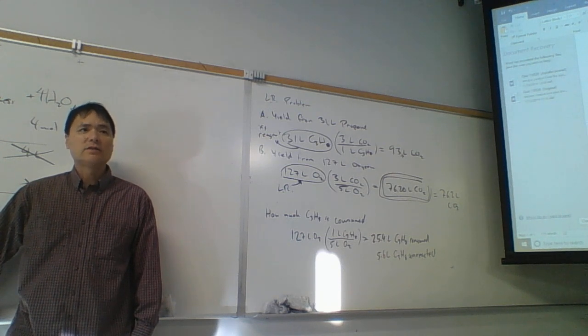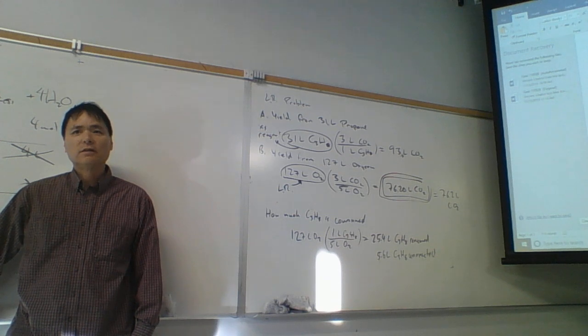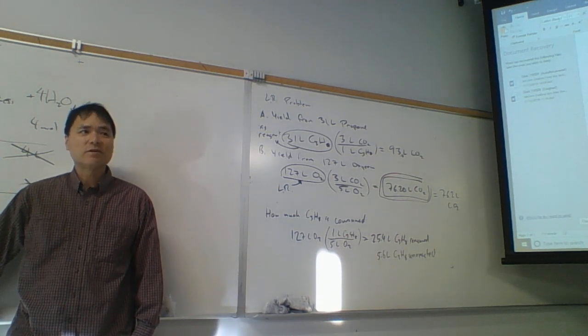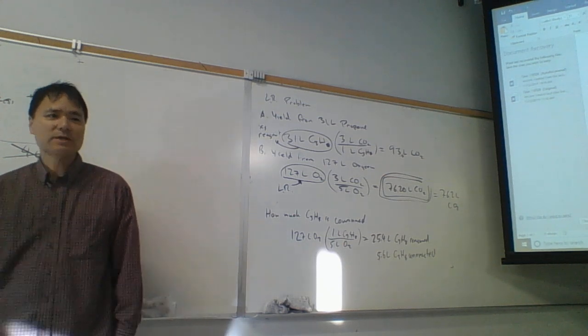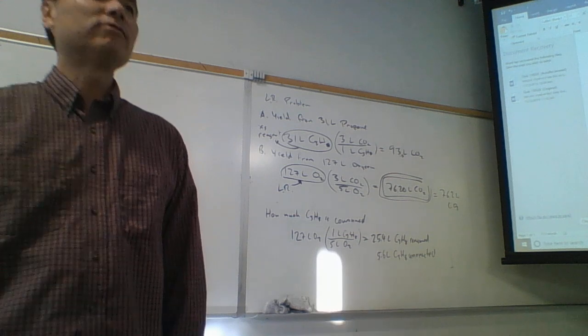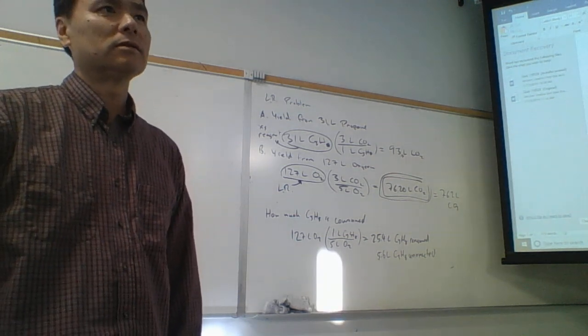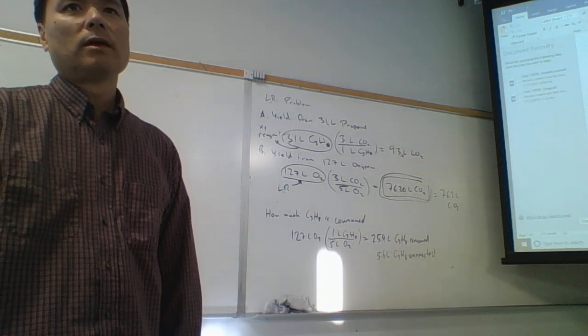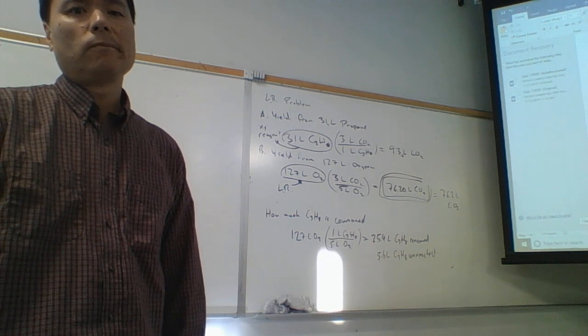And so we use air. But is air 100% oxygen? No, air is about 20% oxygen, roughly 20% oxygen. No, we could get 100% oxygen. You just got to pay for it. That's it.